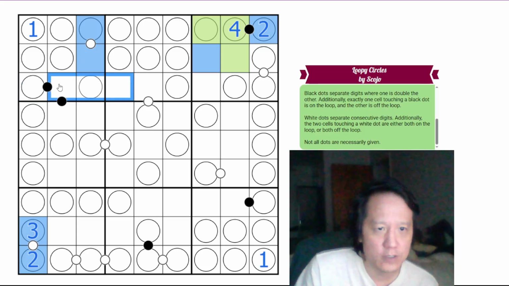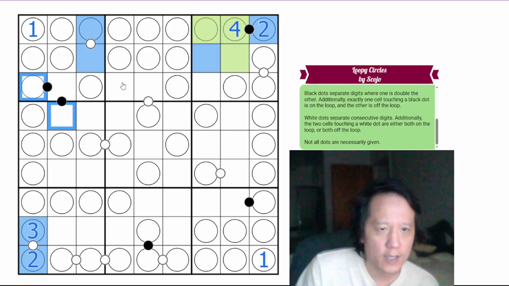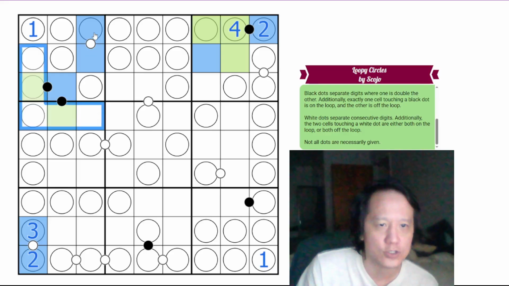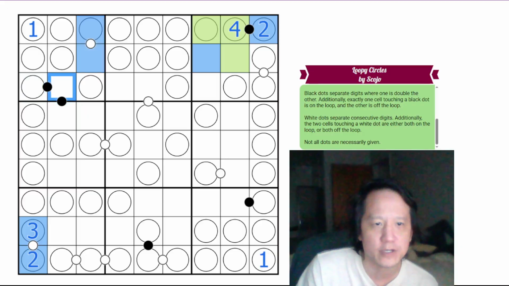So if it tried to go on the loop here, the problem is these would both be off the loop. And then it would be stuck here, right? So this would be on the loop, this would be off the loop. How does it exit out? It can't and be a loop. So that doesn't work. If this is off the loop and these are on the loop, the problem is, again, it gets stuck here too. So this has to be on the loop, period.